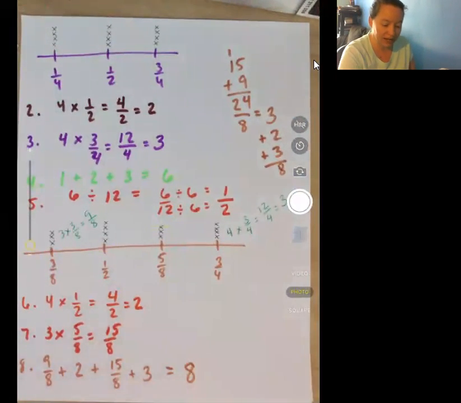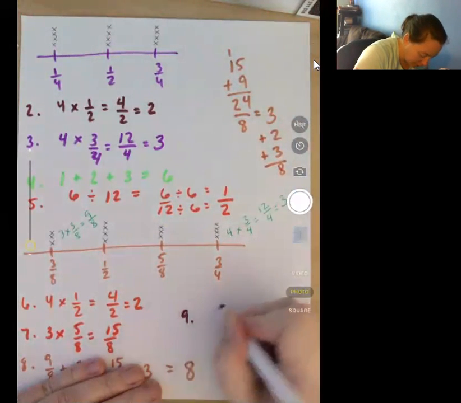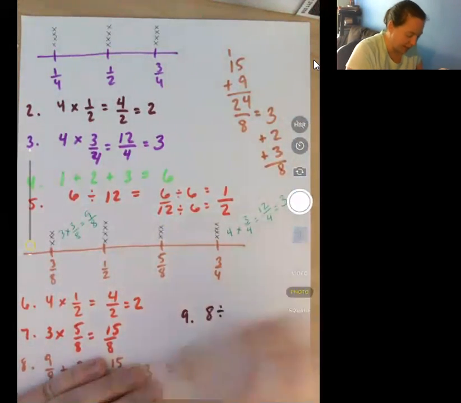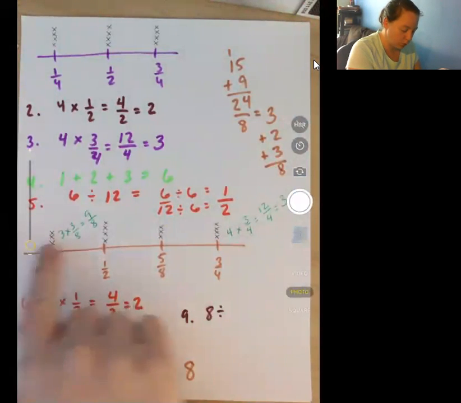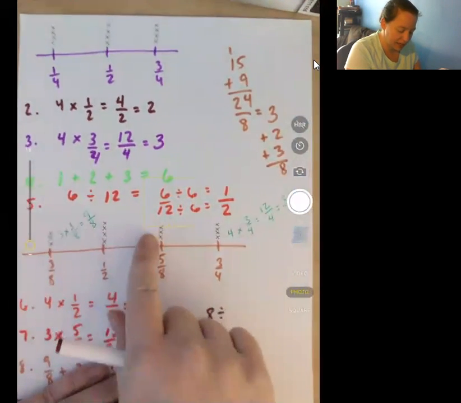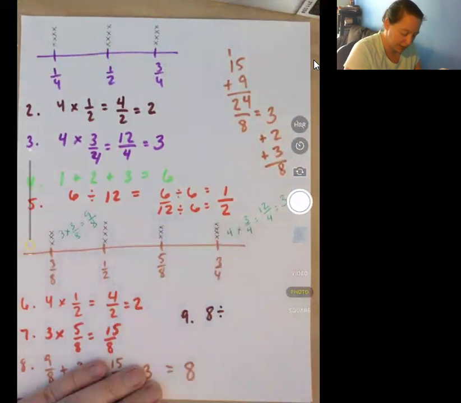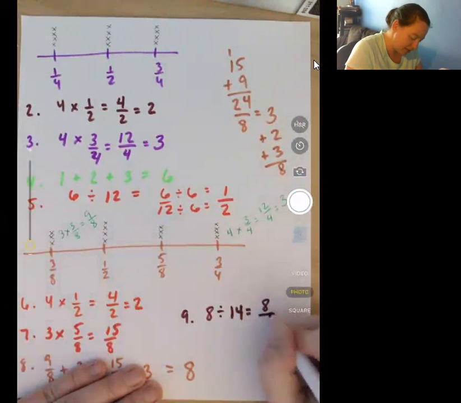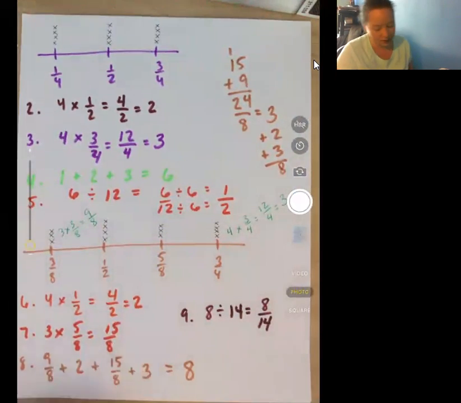And then number 9, what is the average length? It ends up being 8 divided by, how many do we have? 1, 2, 3, 4, 5, 6, 7, 8, 9, 10, 11, 12, 13, 14. Divided by 14, which is the same as 8 over 14.